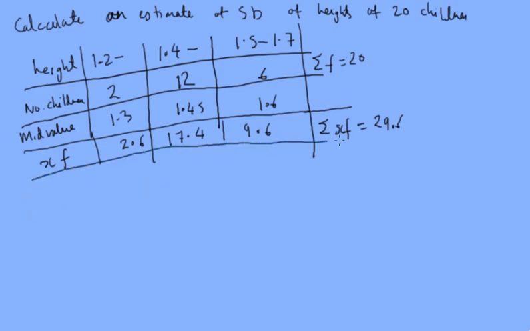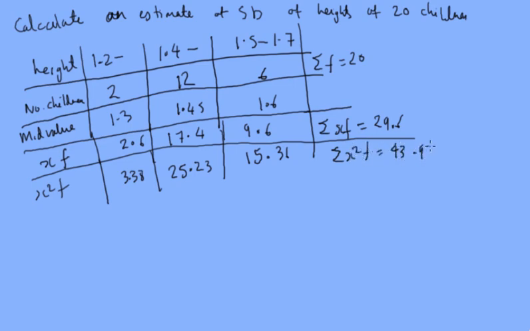And finally we need x squared f, which is going to give 3.38, 25.23, 15.36, and then the sum of x squared f is going to give us 43.97. So now we just need to slot everything into our equation for standard deviation. That's meant to be the mean of x squared.